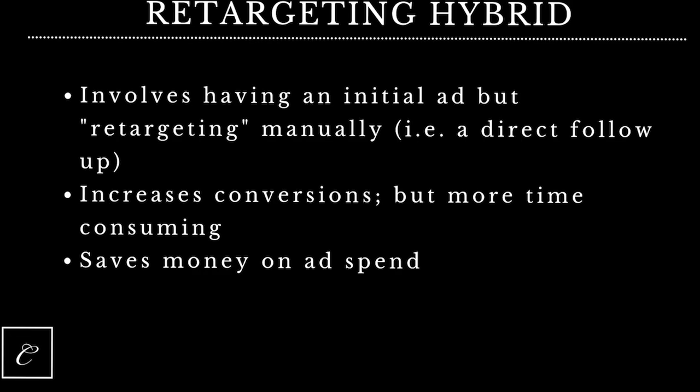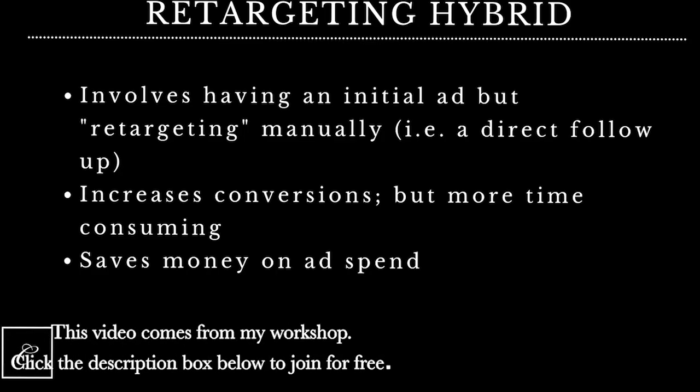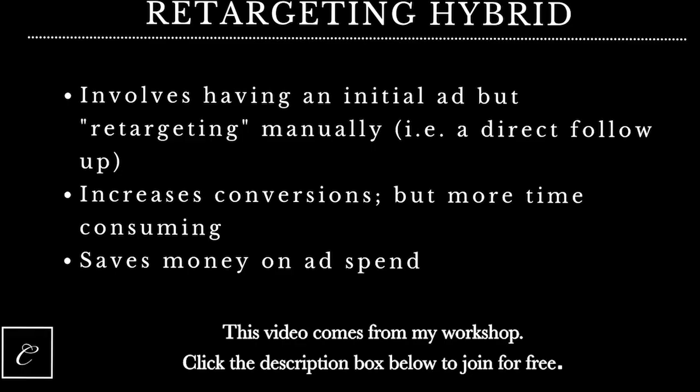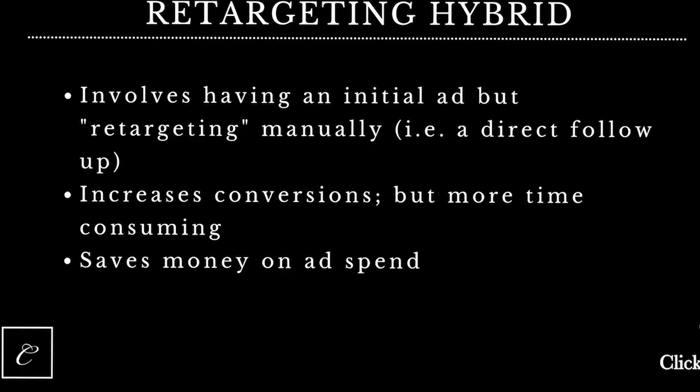This would be an example of a hybrid because you're not relying solely on the software, but you are still paying attention to that person's behavior and knowing that they liked you enough to follow you, so they must have some sort of interest and they already know who you are, right? And this means that they're a better lead to connect with than if you were to pitch your offer to cold traffic.